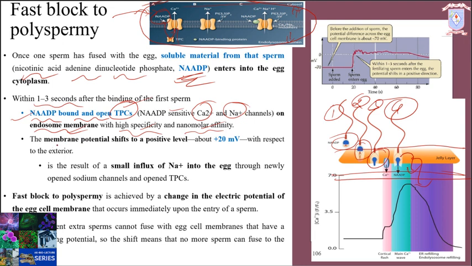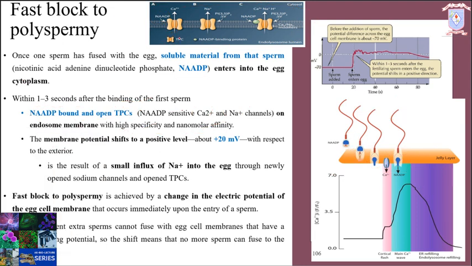The membrane potential shifts to a positive level as a result of the efflux of calcium ions. Once NAADP binds to the TPC channel on the endosome membrane, the TPC gets opened and transports calcium or sodium ions from the endosome into the cytosol.